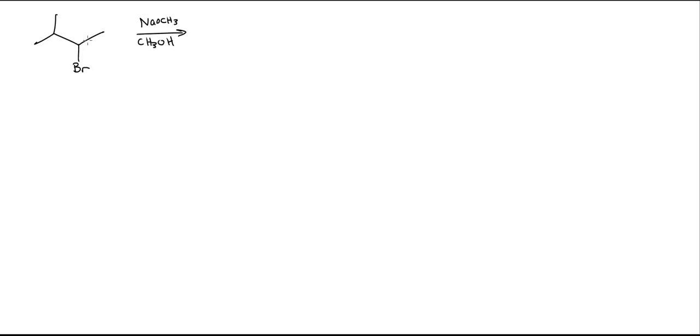But looking at my base right here, NaOCH3, that's also a nucleophile. Methoxide is a perfectly fine nucleophile, so this could go through SN2. How exactly do we know that this isn't SN2? I know that because of the solvent. Earlier I said that the solvent is the conjugate acid of whatever base we're using.